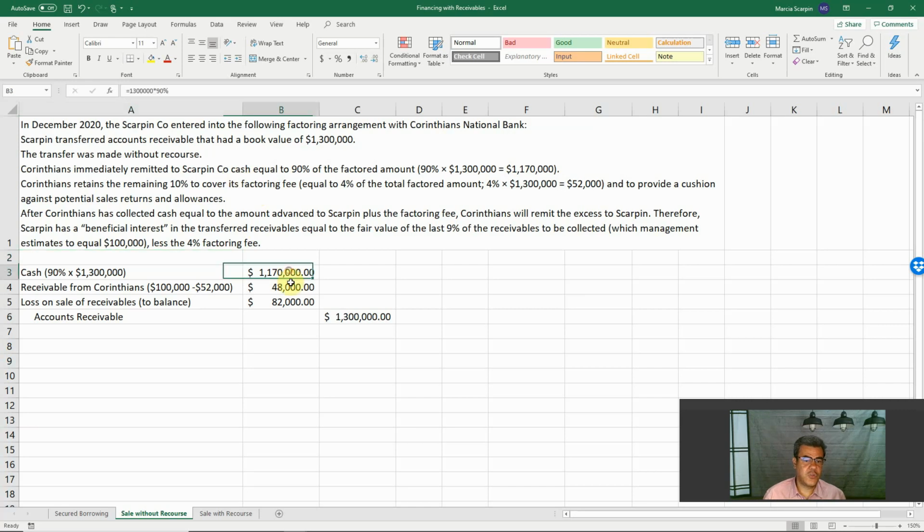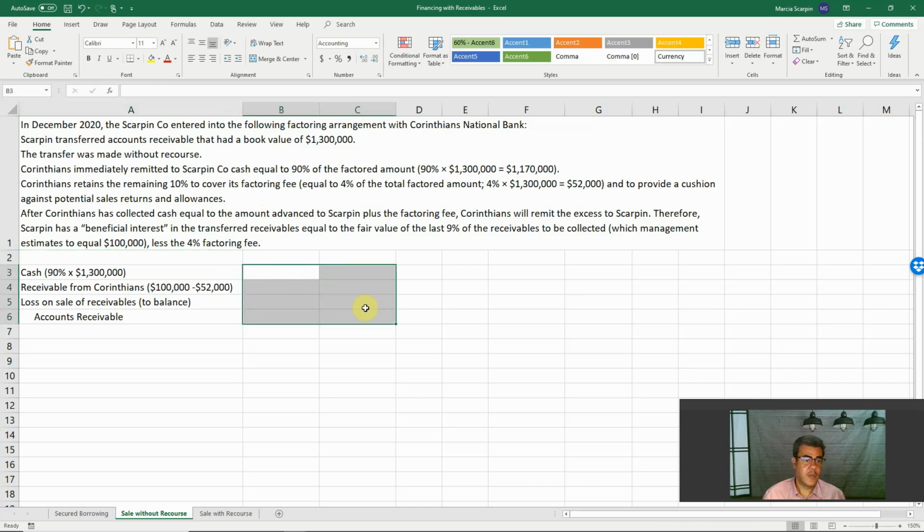So let's do it here. Accounts receivable, $1.3 million. That is how much we are selling it. How much is our cash? 1.3 million times 90%. However, the difference is not a loss. Why not?